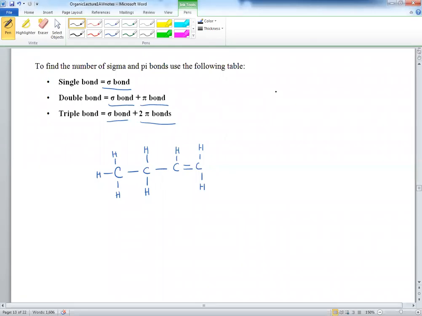Well, we're going to start with the easy ones. All single bonds are sigma bonds, and even a double bond has a sigma bond. So we have a sigma here, sigma, that's 2, 3, 4, 5, 6, 7, 8, 9, 10, and also there's one sigma in there too. So that's 11. So we have 11 sigma bonds.